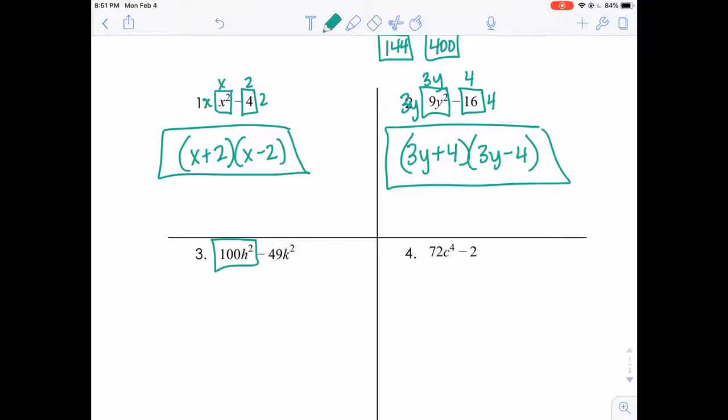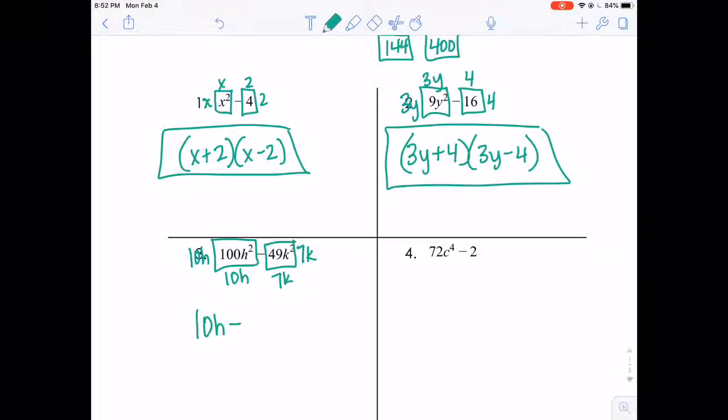So I know 100 could be 10h times 10h, and then this one would be 7k and 7k. So I have 10h minus 7k and 10h plus 7k. So that one works there.